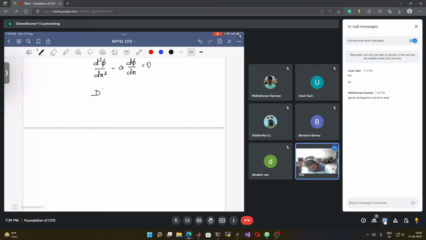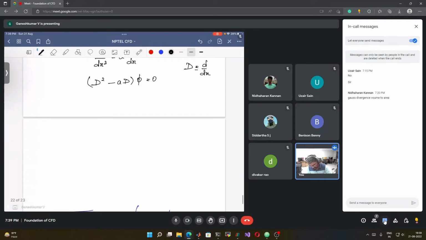We write it like this: D square minus aD times phi is equal to 0, where D is the differential operator d by dx.